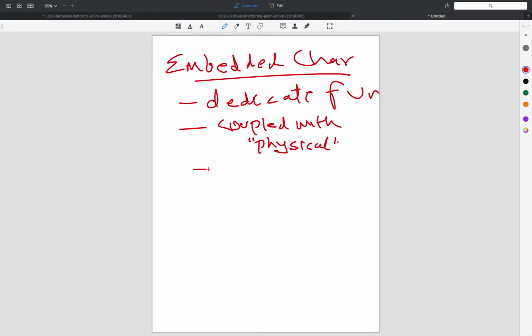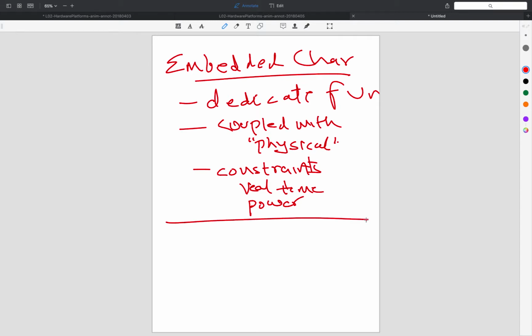What was the third thing? Constraints, right? So real time, and we discussed a whole bunch of others, which all came from the fact that they were physically coupled. So we talked about real time, we talked about power, and there were a bunch of others that we discussed. Okay, so that was one part.